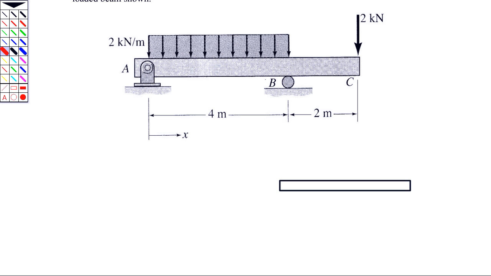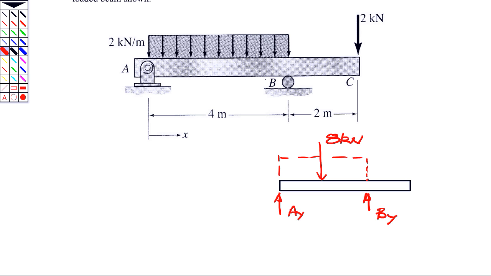We know that the support at A will have a vertical component, which we'll call AY. Same with the roller connection at B. There is a distributed load acting between A and B. We know that the resultant of that is going to be 4 times 2, or 8 kilonewtons.